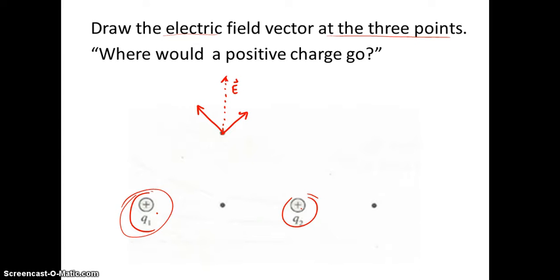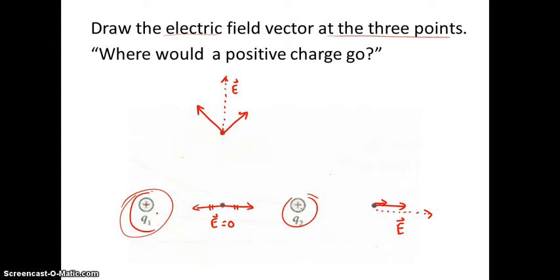Let's try it with these two. A positive charge would get pushed away by one, and pushed away by the other. Since they're an equal distance, my electric field is 0 at this point. How about this last point? Positive gets pushed away. The other positive charge is not quite as close, but it'll still have an effect. So if I add up those two vectors, this is going to be my electric field.